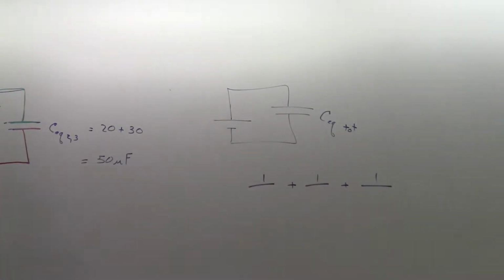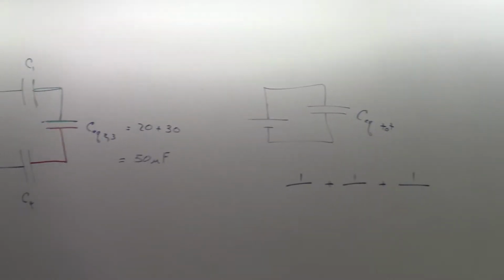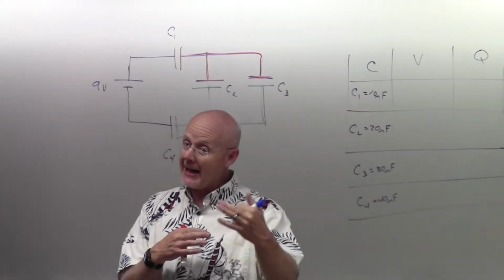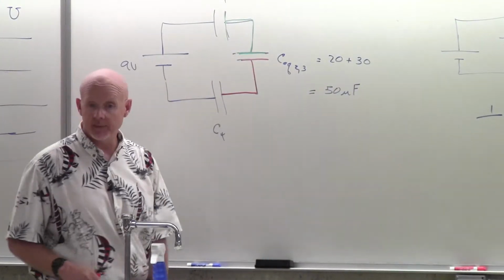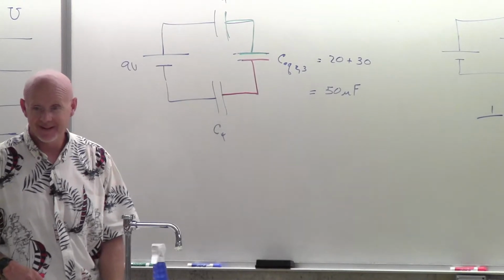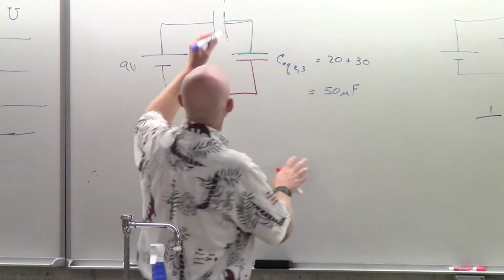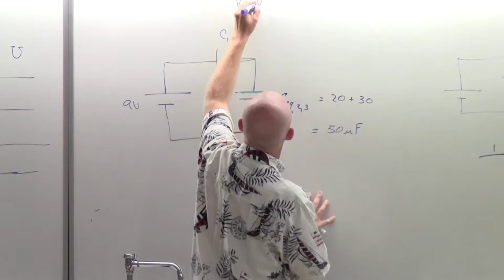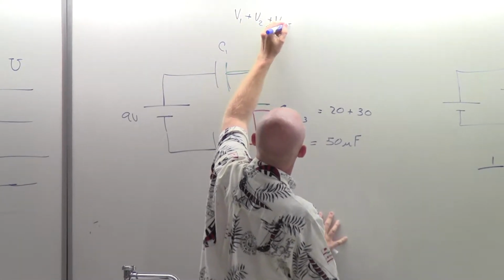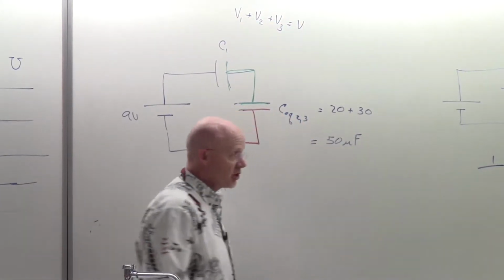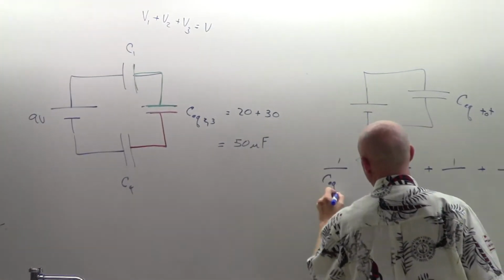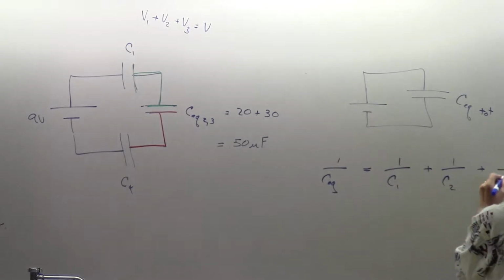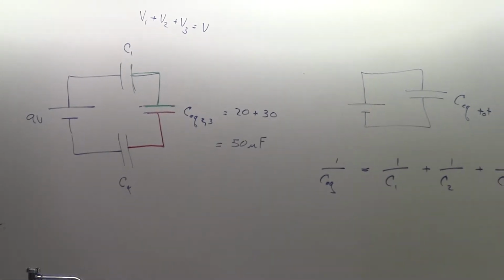And I only did 2 for you in class to show you, but I'm hoping you saw that the way it was done, where the voltage had to add up to 9, when I had 2, what do the 3 voltages here have to add up to be? 9, right? And so if we were to work with 3 in series, you would have something like this, which comes out to being 3 terms being the equivalent. So C1, C2, and C3.